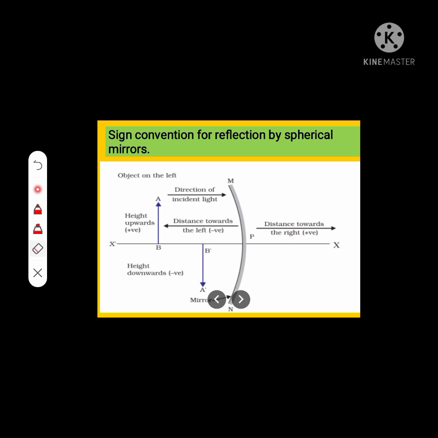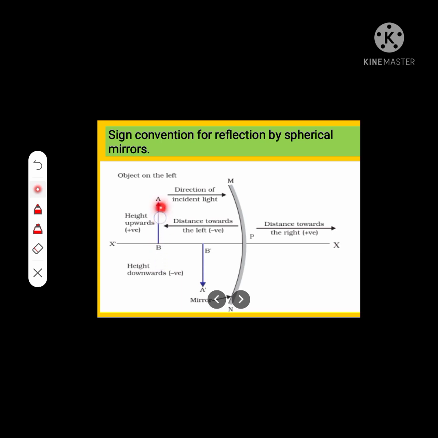Our fourth point is distances measured perpendicular to and above the principal axis are taken as positive. Suppose this object is placed perpendicular to this x-axis. So we can take this value above the principal axis.